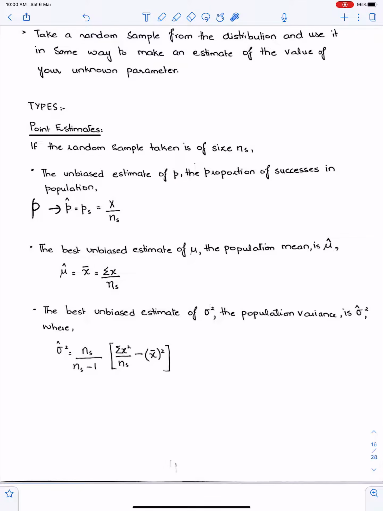We take a sample from the population and find the mean of that sample, and that mean will be mu cap. So when the population mean is unknown, we estimate its value through the sample mean.